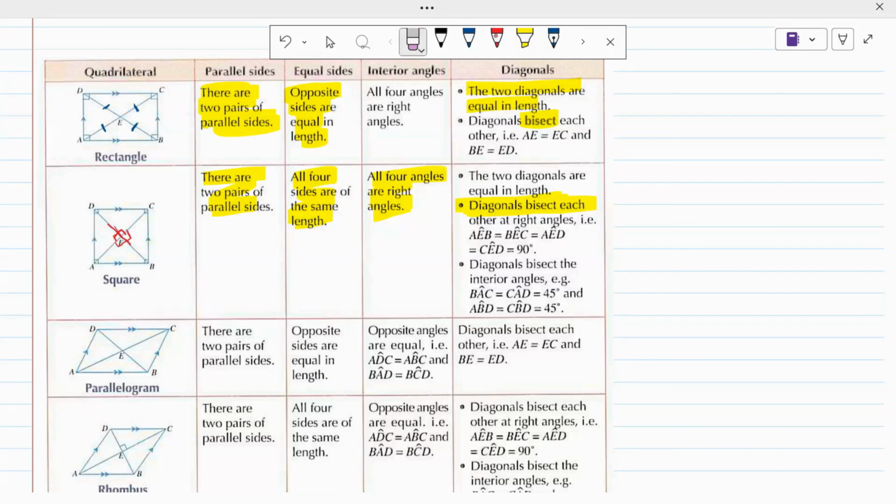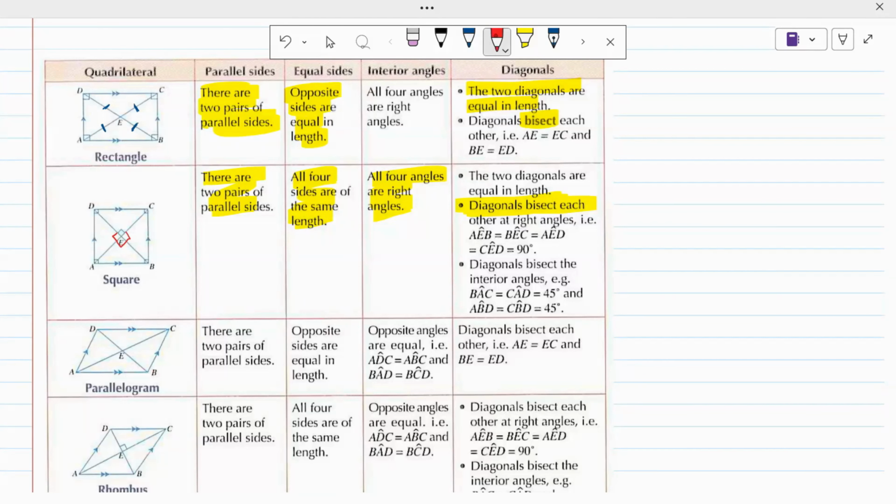These are all 90 degrees. These are all 90 degrees. So 90 degrees means these are four different right angle triangles formed when the diagonals bisect. So apart from bisecting each other, they also intersect at 90 degrees.